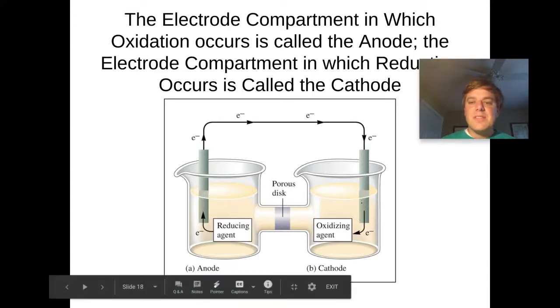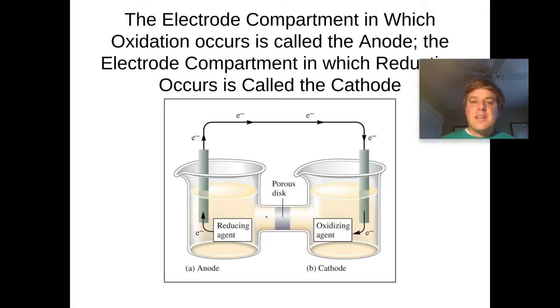And since you're dumping electrons into the beaker on the right hand side, then you're going to have positive ions moving through your porous disk this way, and negative ions moving through your porous disk the other direction. Or if you had a salt bridge with potassium nitrate, you would have potassium ions, which are positively charged, moving towards the right side where the electrons are going, and nitrate ions, which are negatively charged, moving the other way.